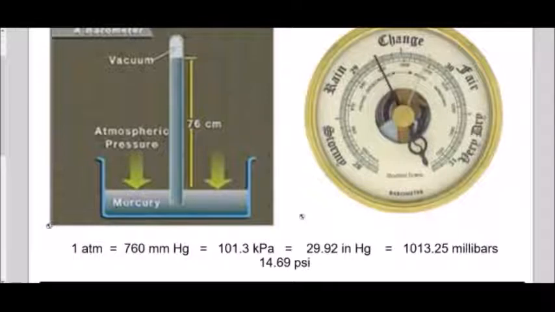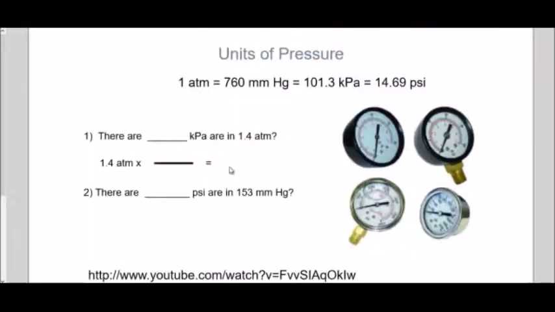We then learned how to do pressure conversions. In this first question, we took 1.4 atmospheres and we wanted to convert it to kilopascals. Well, kilopascals are right here, and atmospheres are right here. We can make a fraction out of that.